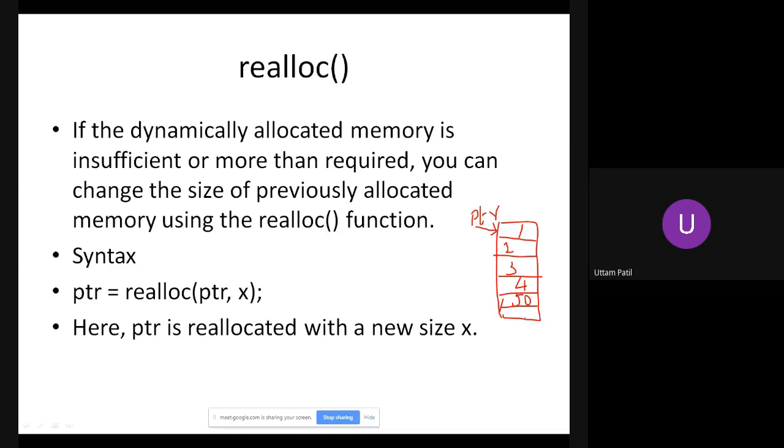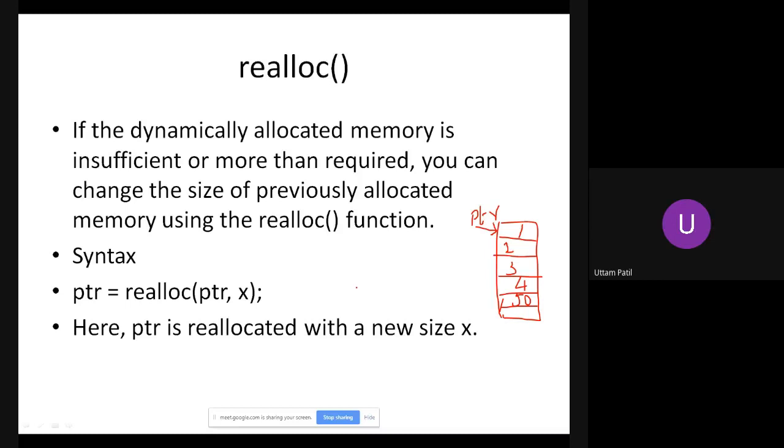So the array size was 3, it has become 6. This is how realloc works. Here the pointer is reallocated with a new size x. Hope the concept is clear. Did you understand this? Yes, ma'am.